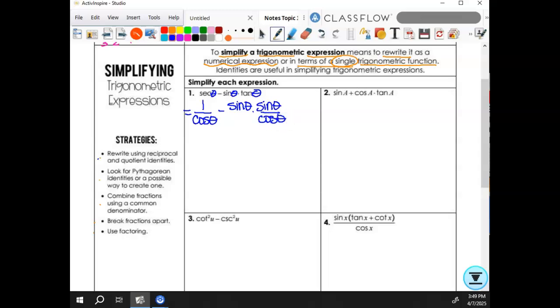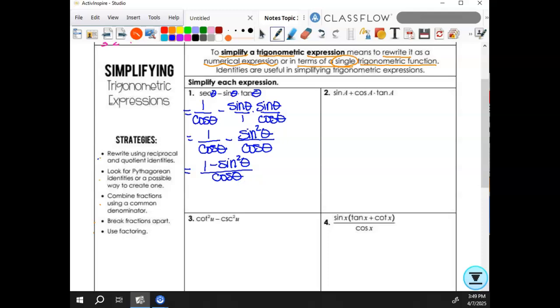Then I can multiply that together, which gives me 1 over cosine theta minus sine squared, because sine times sine is sine squared, over cosine theta. I have two fractions with a common denominator, so I can do 1 minus sine squared theta over cosine theta.